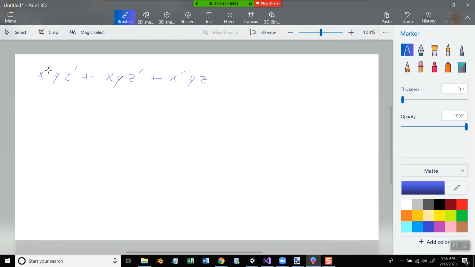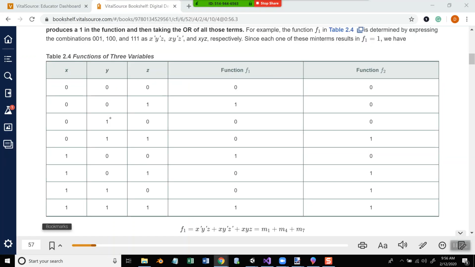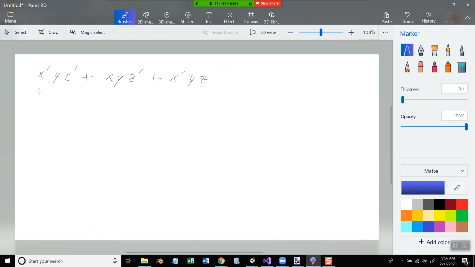Now again, the primes represent their zeros. Where this one was a 0 and that became a prime. So going backwards, a prime represents a 0. So this is saying that this is 0, 1, 0. This is saying that this is 1, 1, 0. This is saying that this is 0, 1, 1.